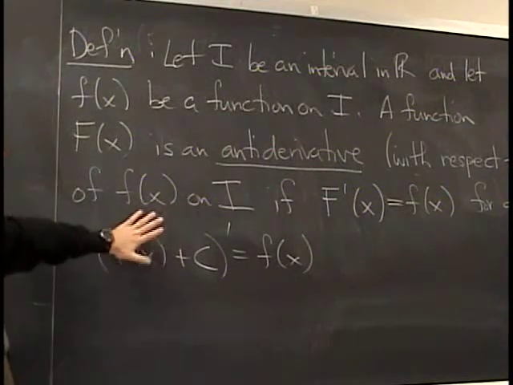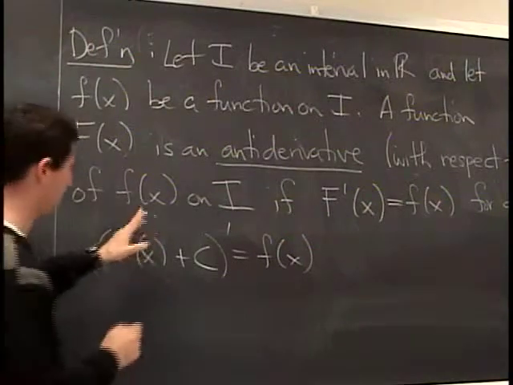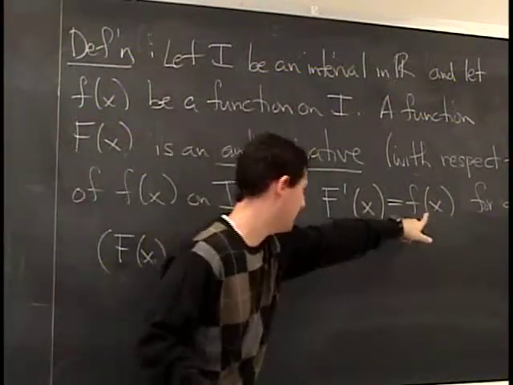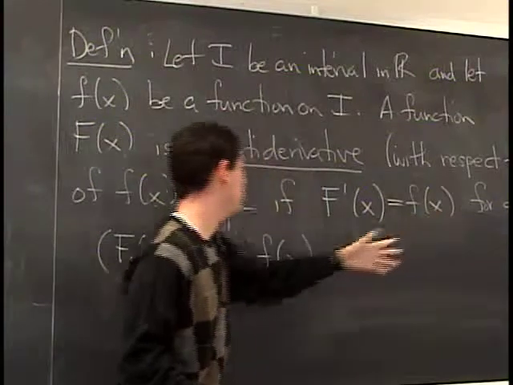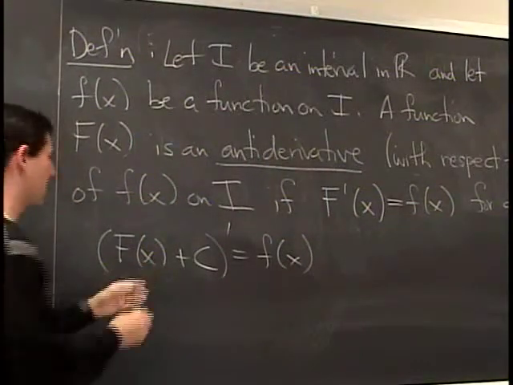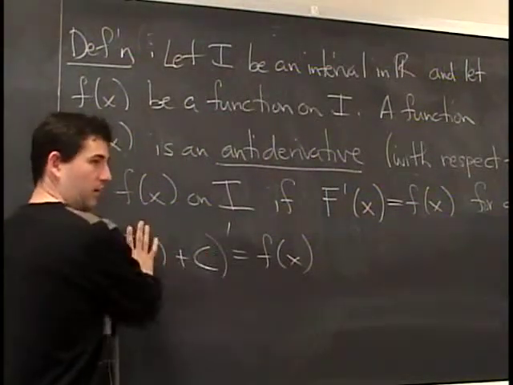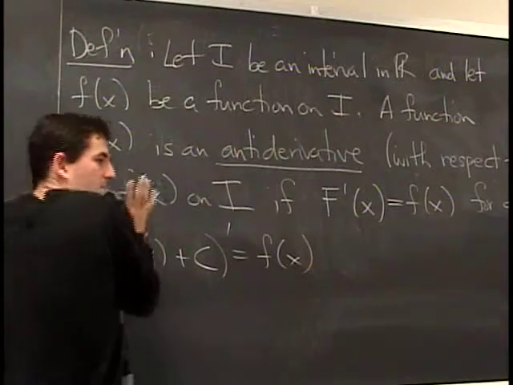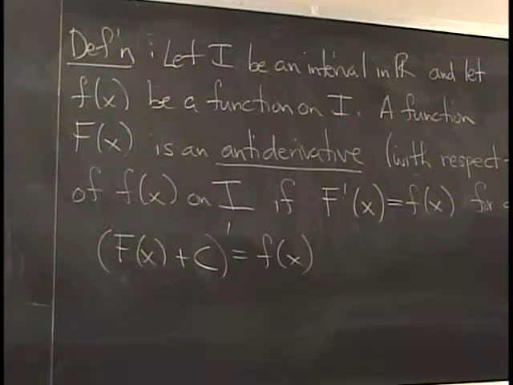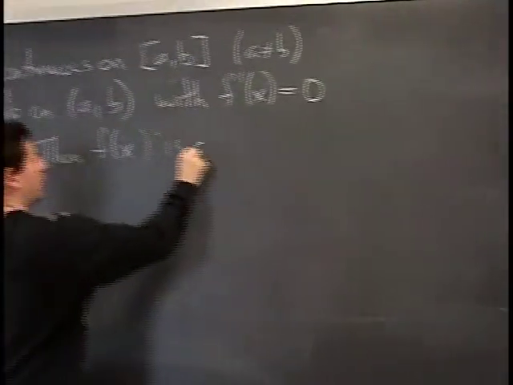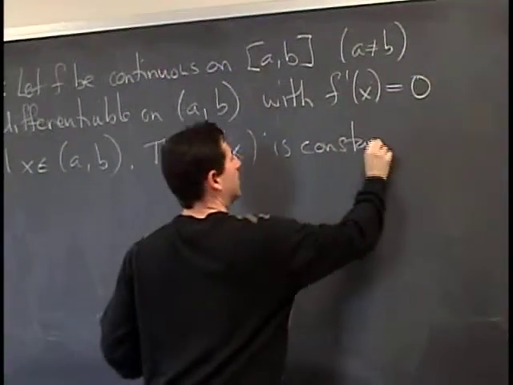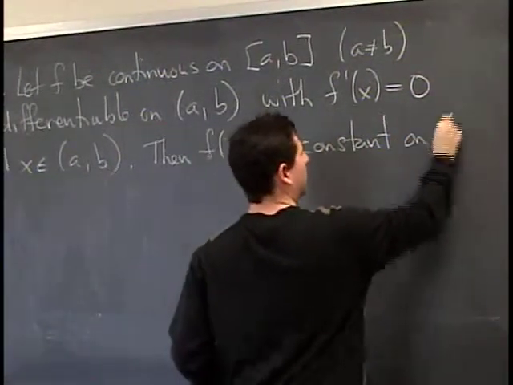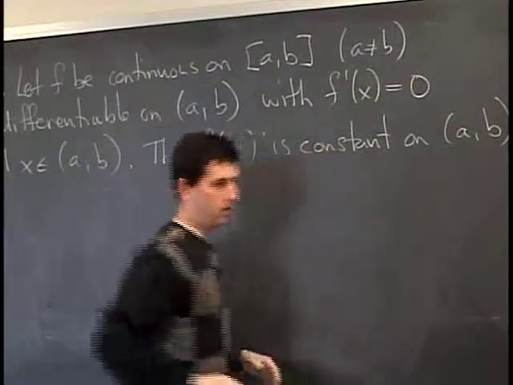Replace this f of x by the 0 function. It would be really nice if that meant that all we started with was a constant, because that would be the first good step. So that's the conclusion, that this function is constant on the interval AB.